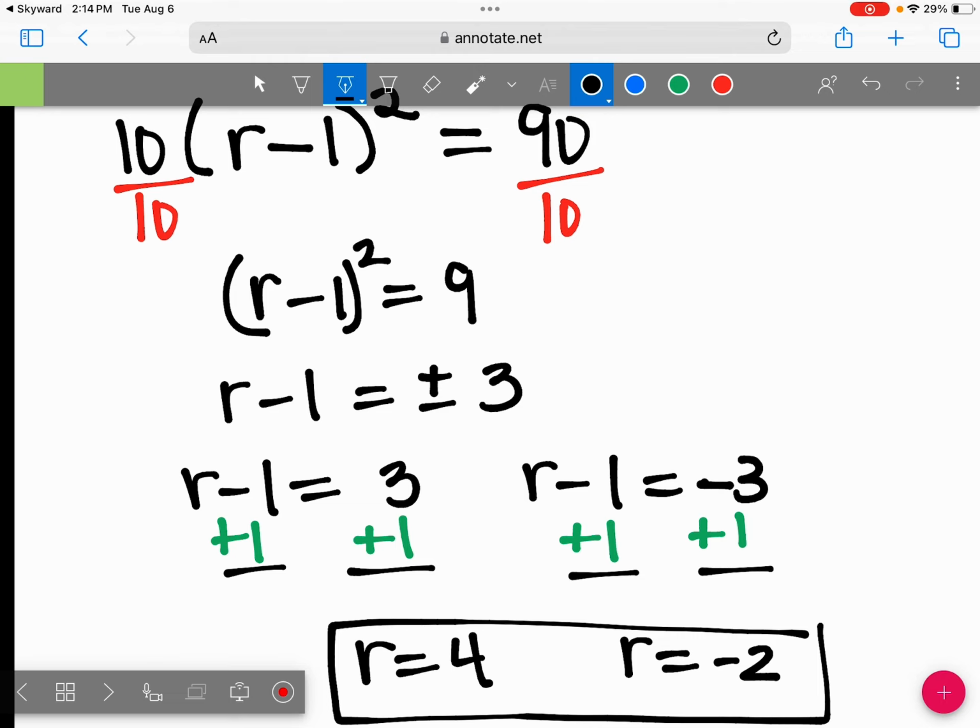You get two numbers. Shouldn't be any square roots or anything. First step would be to take out the 10. Divide both of these by 10 and start over.